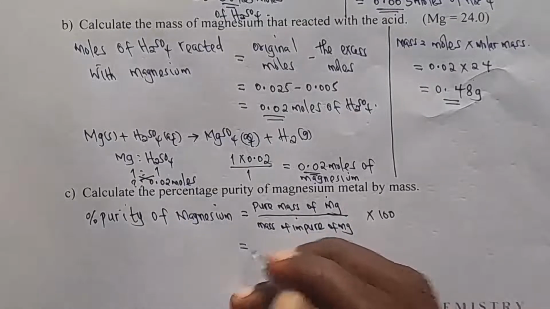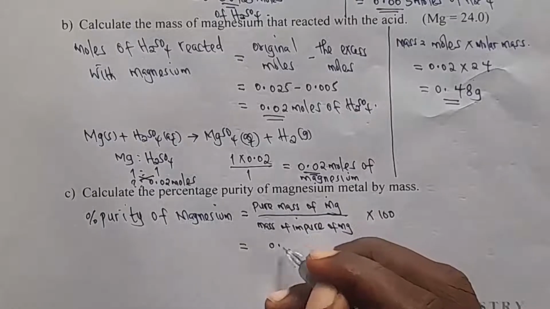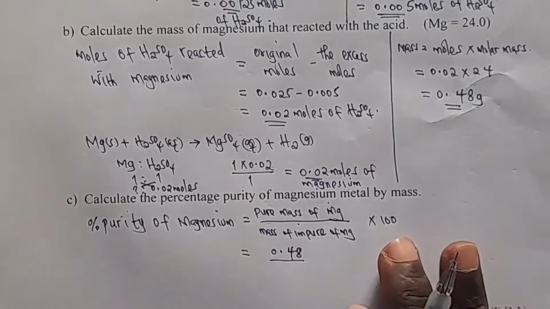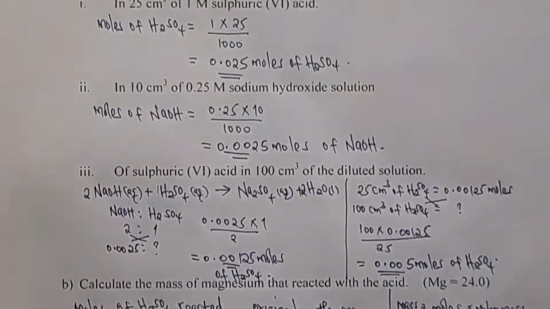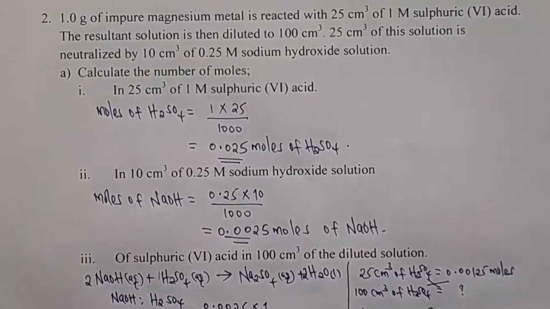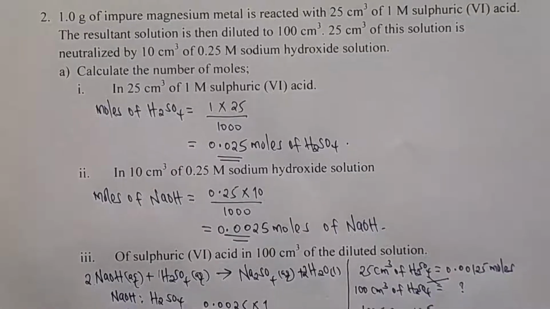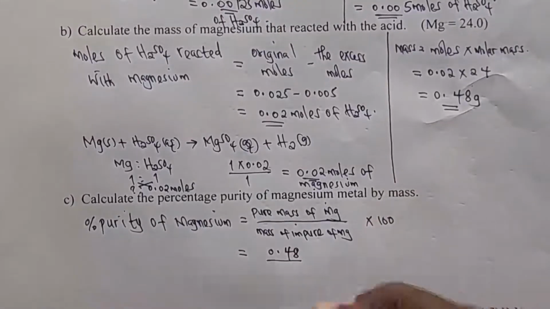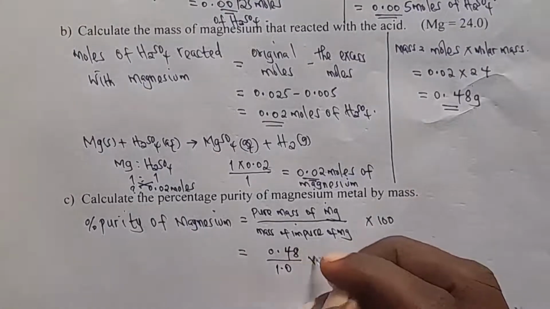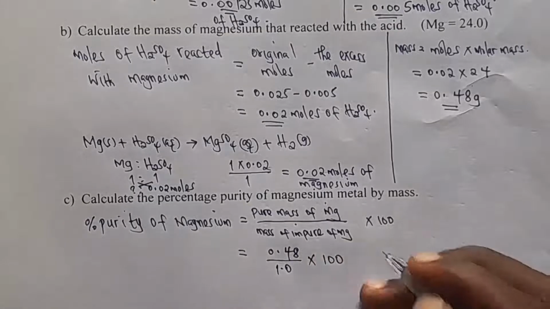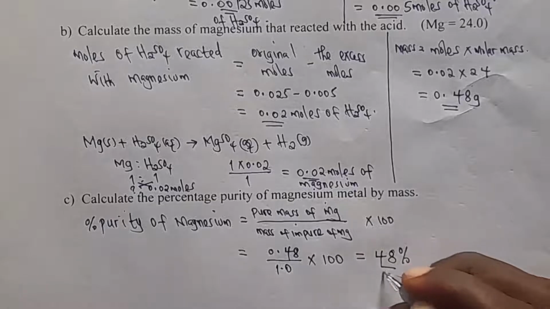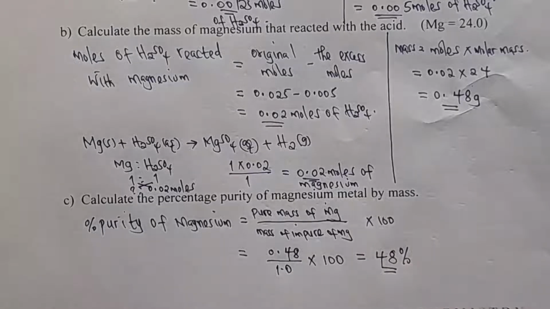So this will be equal to, the pure mass of magnesium is 0.48 divided by the mass of the impure magnesium is 1.0. It is the start of the question. We are told 1.0 gram of impure magnesium. So 0.48 divided by 1.0, then multiplied by 100. So here we are going to get 48%. That will be the percentage purity of magnesium by mass.